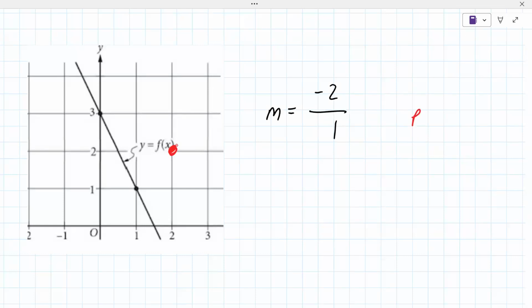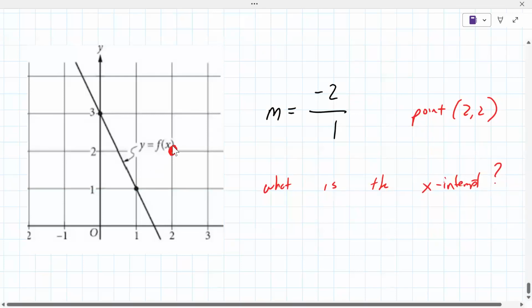It goes through the point 2 comma 2. What is the x-intercept? I know it's a little bit hard to do, but you're essentially supposed to use the slope to determine that. So the parallel line through this point, where does it cross the x-axis?